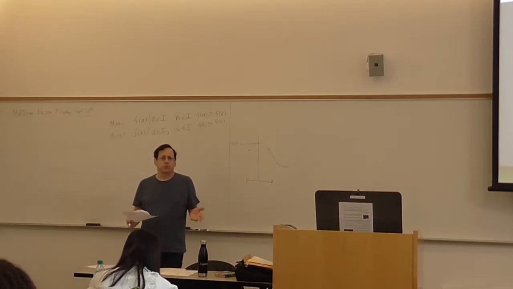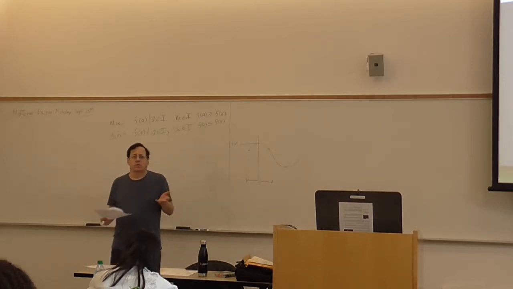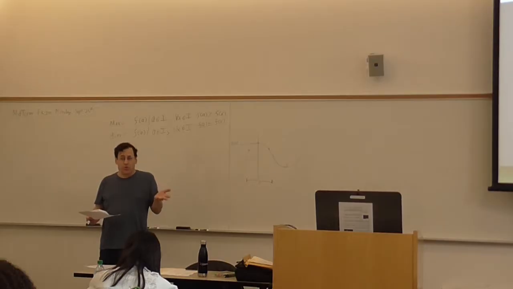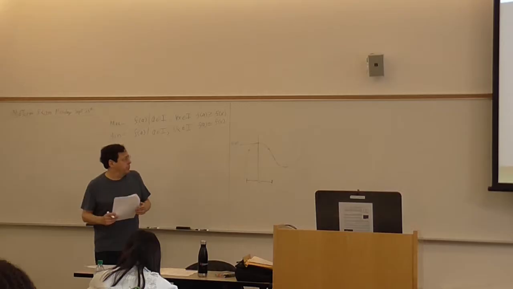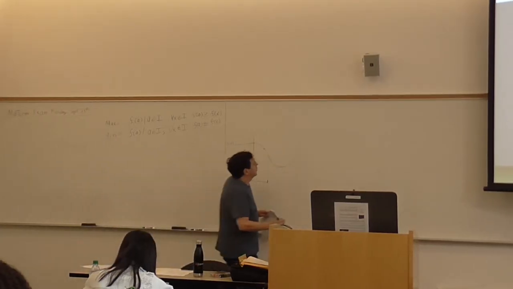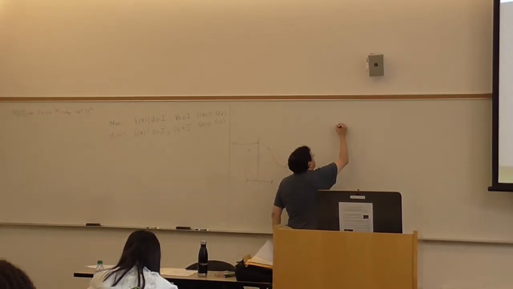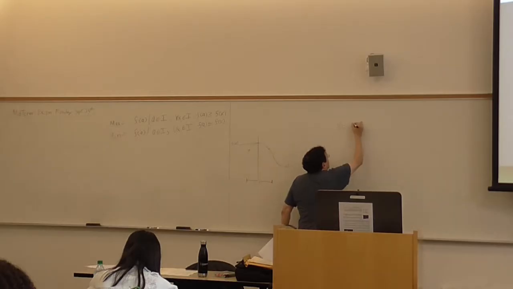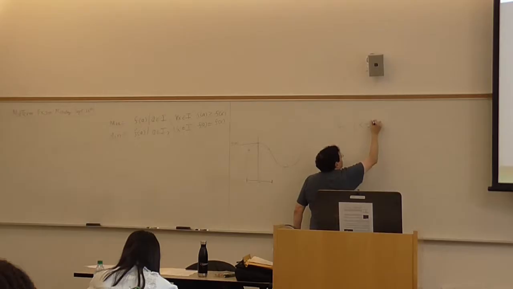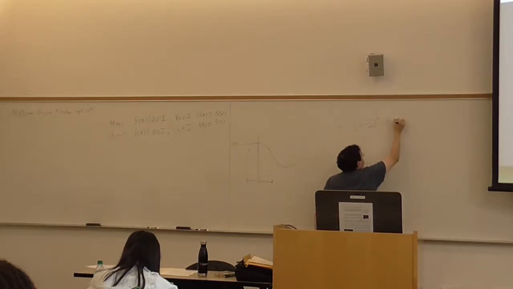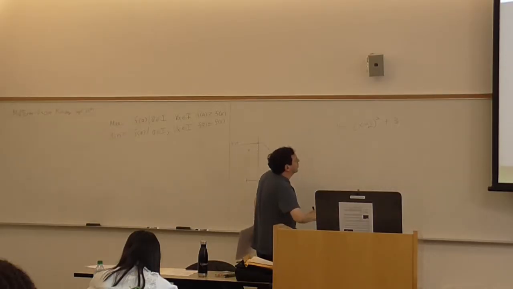We don't have tools to find these maximums and minimums in most circumstances. In some circumstances we will. For example, if I had some function y equals, say, x minus 2 squared plus 3, this is going to be a parabola.